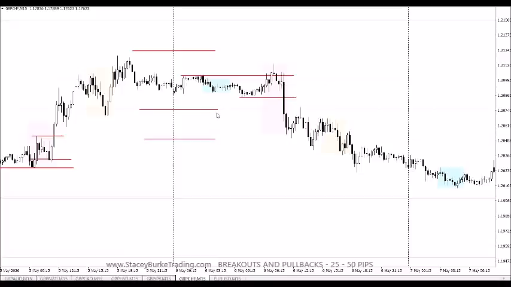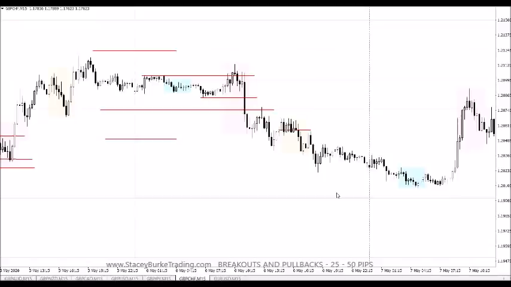And again, now we're through the 25 pip box, pulls back, drops down through the 50 pip box as we head into our US 12 candle window. And then we have our engulfment and a pin hammer for the trend trade down. The market doesn't move that much heading into the close, but we head into the next day.